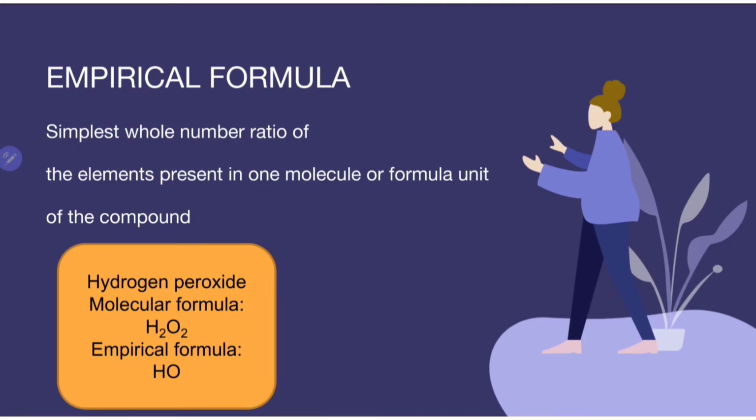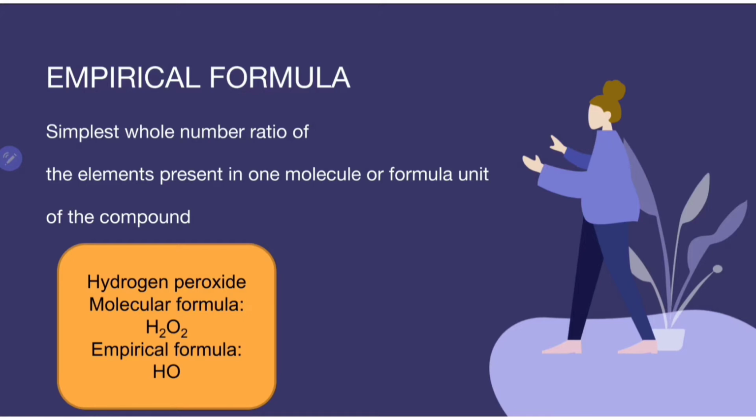Empirical formula is the formula of the ratio of moles of elements present in one molecule or formula unit of the compound.